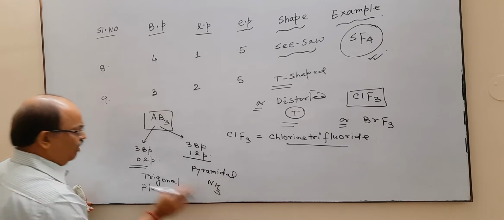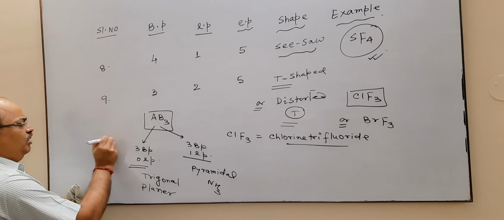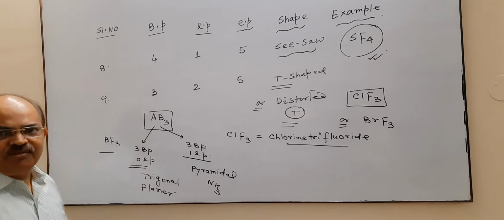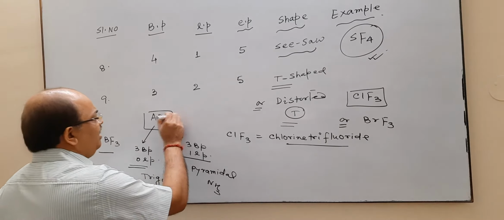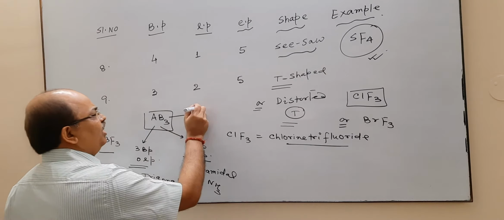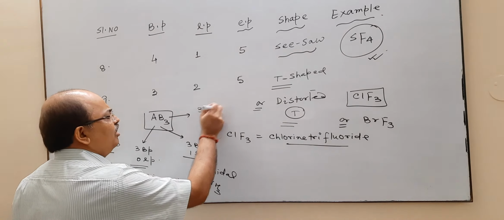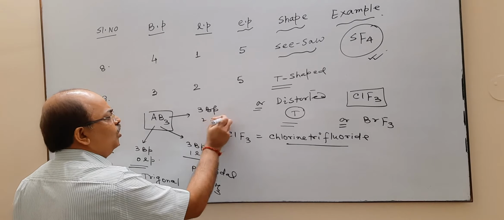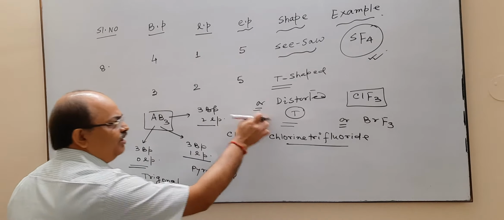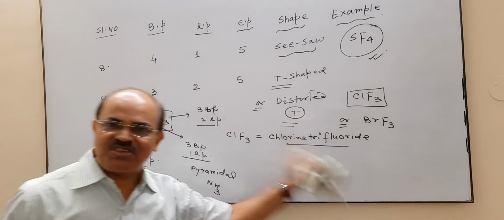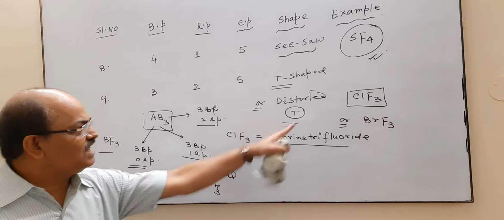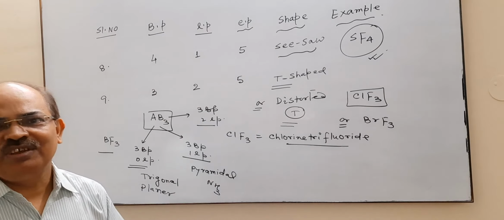Example is ammonia. Here example is boron trifluoride. But if somebody asks you AB3 type of molecule, 3 bond pair, 2 lone pair, then shape will be your distorted T, or it is your T shape. Example is ClF3.